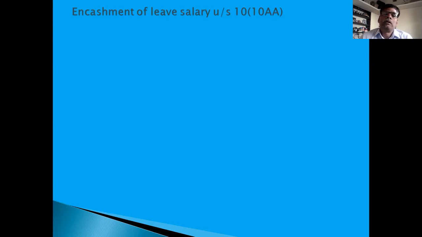If you do not avail that leave, all the leaves will be accumulated, and at the time of retirement or death, that balance of leaves will be encashed. That is called encashment of leave salary.